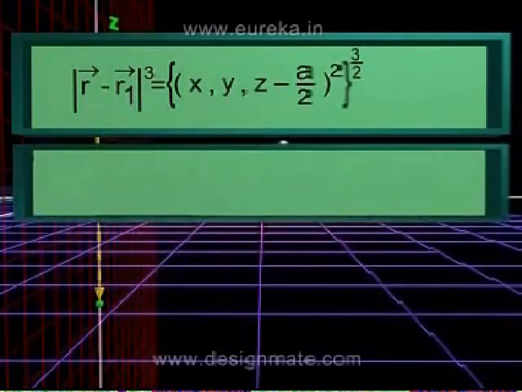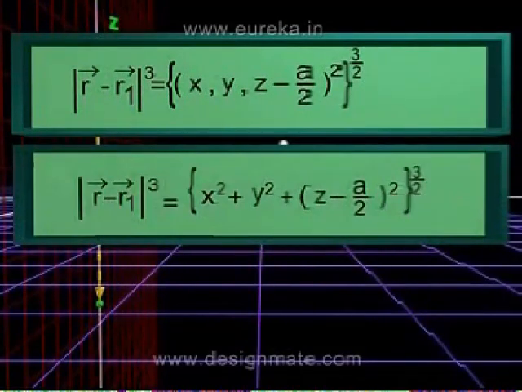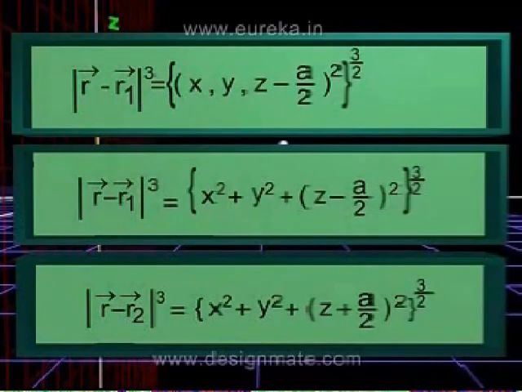Moreover, modulus of vector r minus vector r1 cube is equal to (x square plus y square plus (z minus a/2) squared) raised to 3/2. And modulus of vector r minus vector r2 cube is equal to (x square plus y square plus (z plus a/2) squared) raised to 3/2.